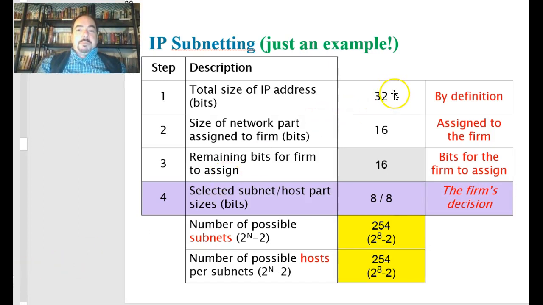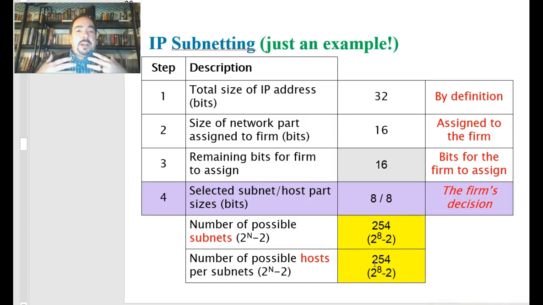Well, out of 32 possible bits, 16 I can't change because that belongs to the entire network, and I've got 16 bits to play with, maybe I'd split those in half, 8 and 8, to have 8 bits for the subnet and 8 bits for the number of hosts per subnet. So I'd have 2 to the n minus 2 possible subnets for 254, and the same number of possible hosts per subnet. Now, is that right for my business?